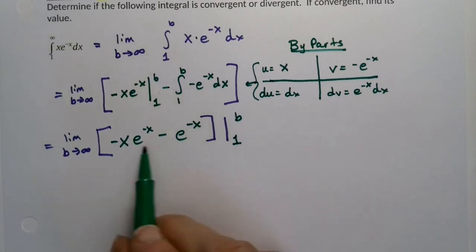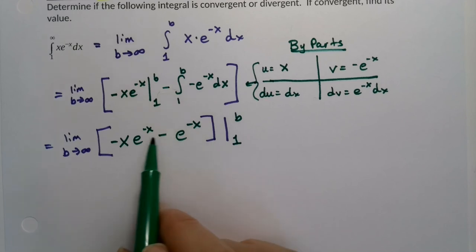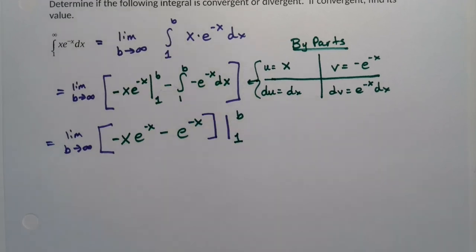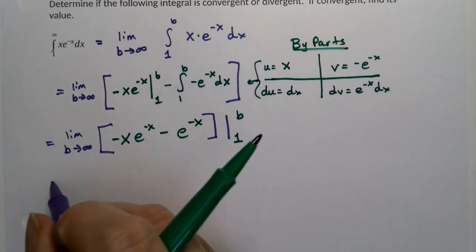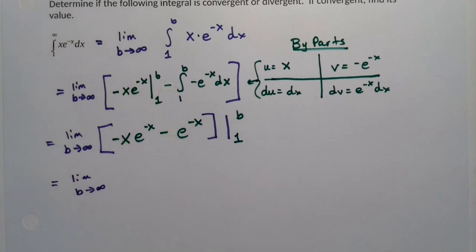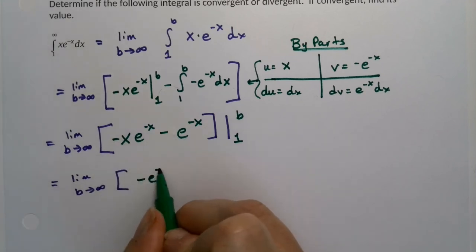Okay, well, before I start substituting values in here, I think it would be wise to factor out that e to the negative x, because that could come out. So that would be the limit as b goes to infinity. And then I'm going to factor out a negative e to the negative x.